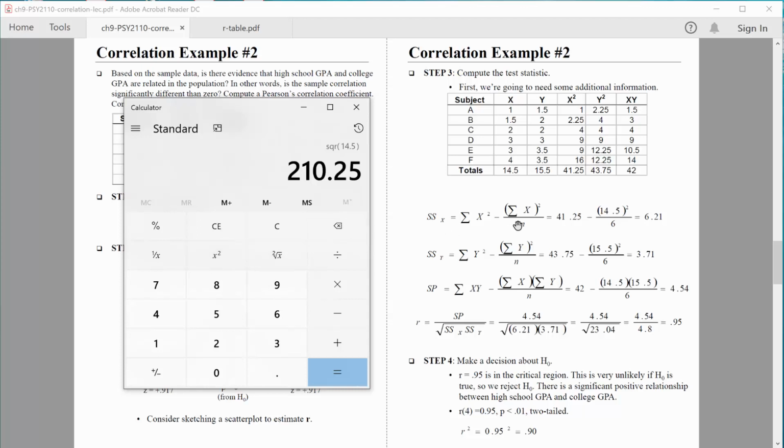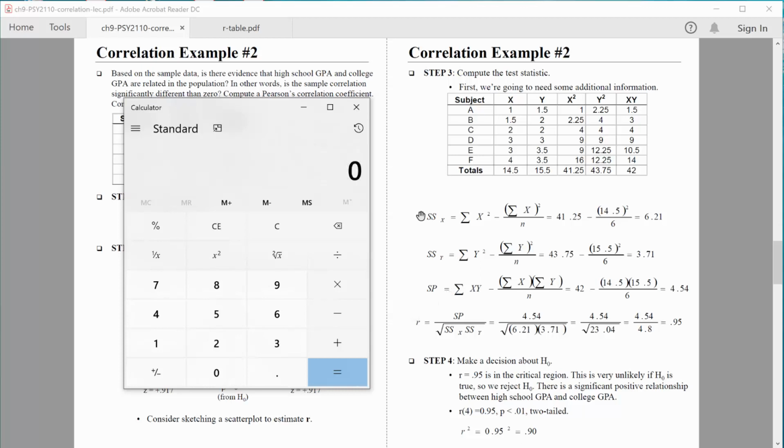And I need to divide that by n, which is 6. Let's go ahead and do that now. We get 35.04. So I'm going to subtract that from 41.25. So let's put in 41.25 and then subtract 35.04. And that equals 6.21. And then, of course, you can work out these other two formulas on your own.